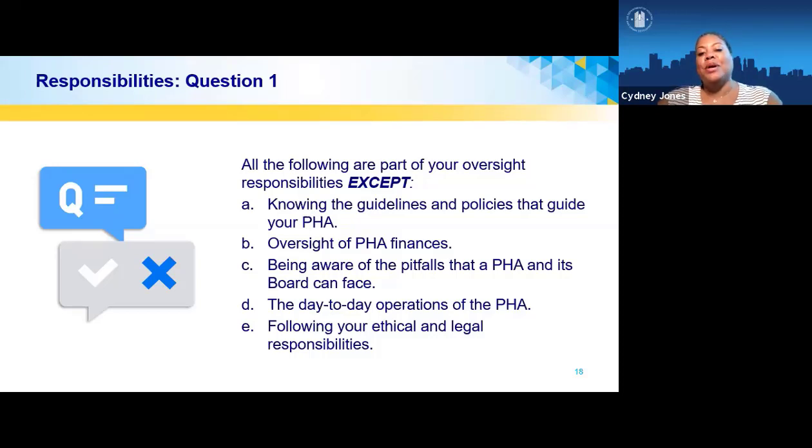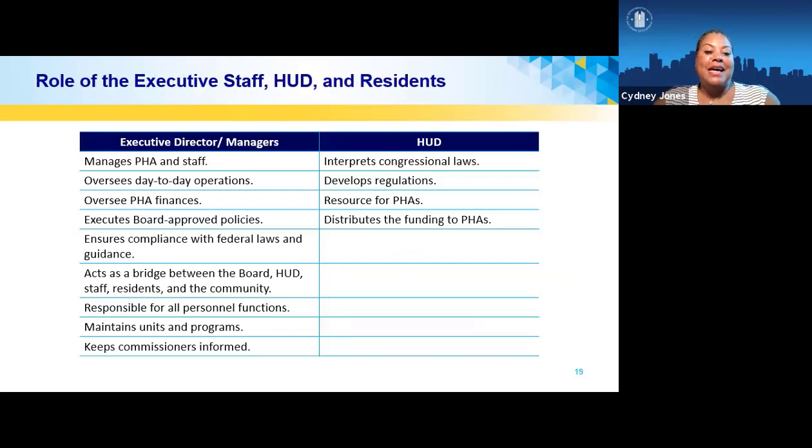All right, let's ask another question. Which stakeholder in public housing provides an important voice to guide the board oversight?